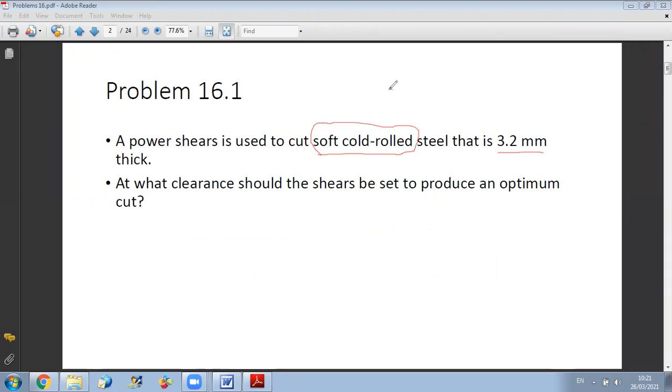We know that the clearance that should be used in a shearing operation is calculated from the clearance allowance times the thickness of the work part. From the type of material we can go to the table and get the value of AC.